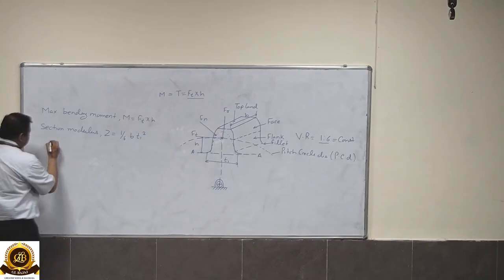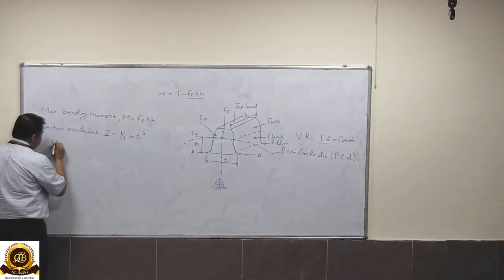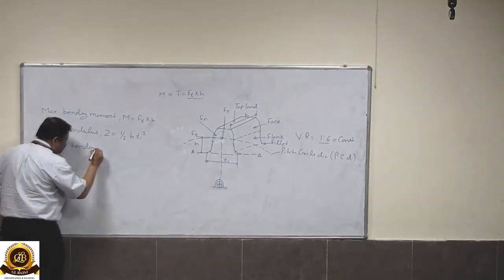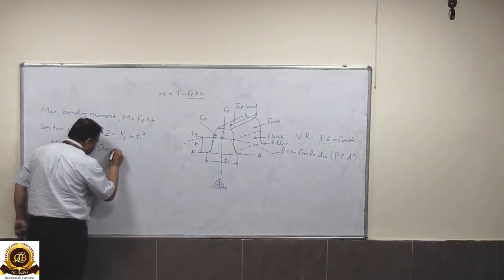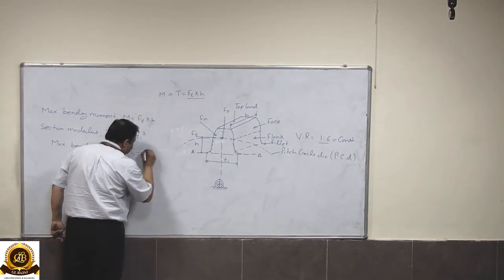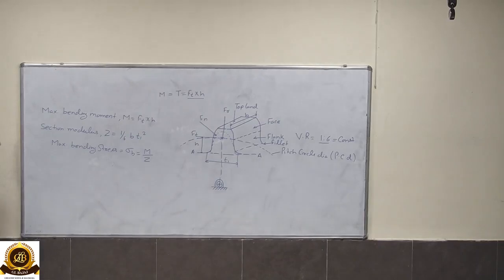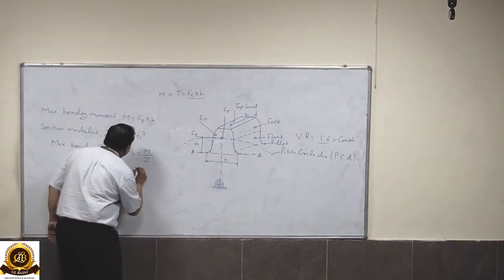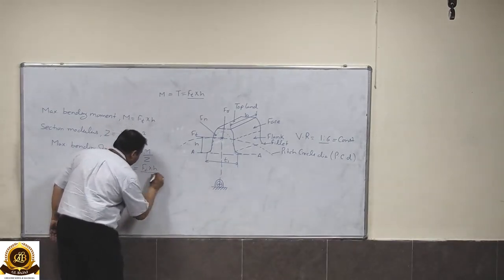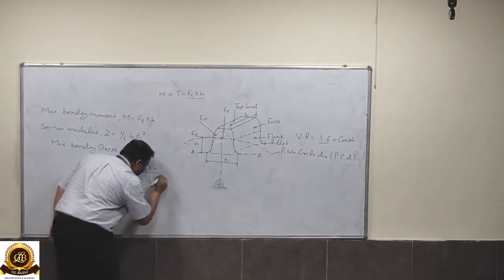Now we know that the maximum bending stress is say sigma B, and from the bending stress formula this equals M by Z. So let us put the values in this equation. This value will be Ft multiplied by h divided by 1 by 6 into B into T1 square.